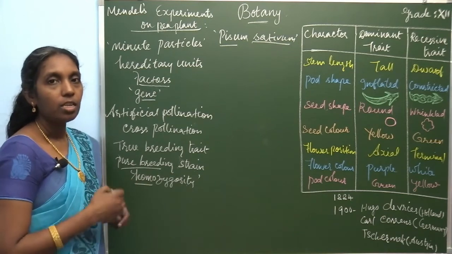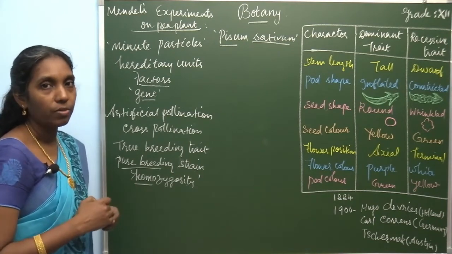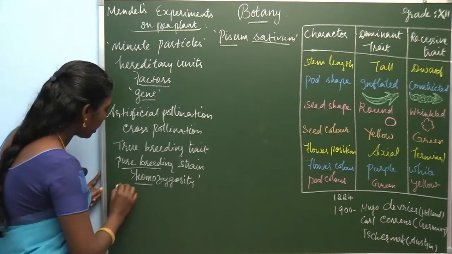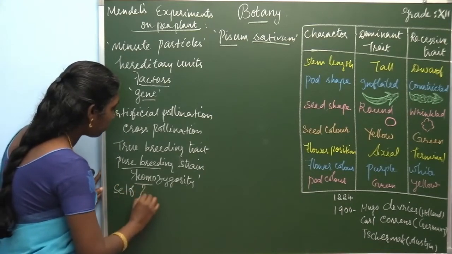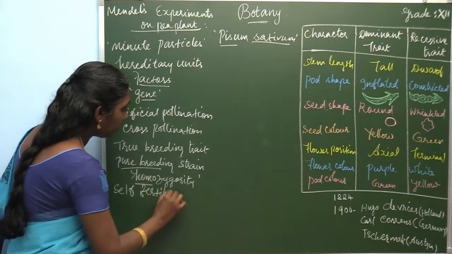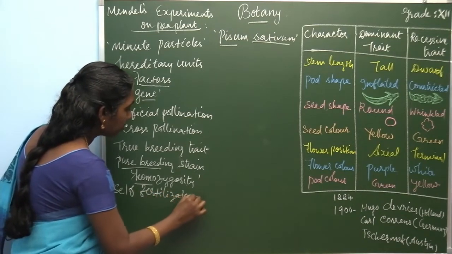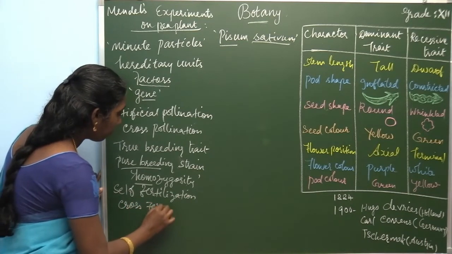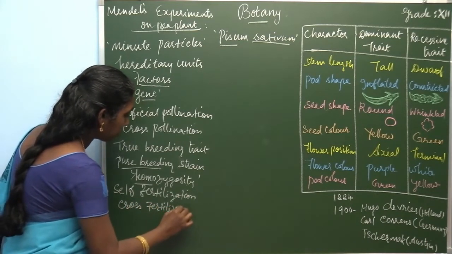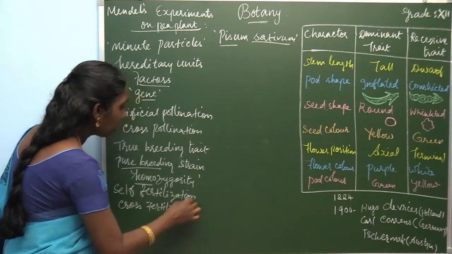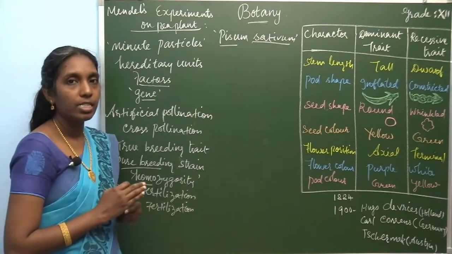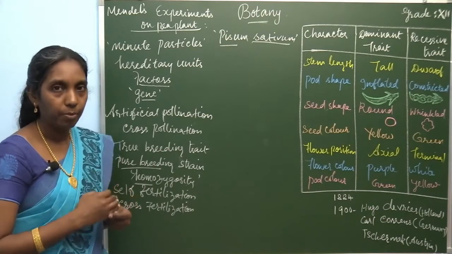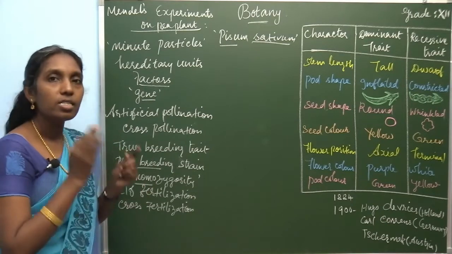So generation after generation, when the pure line is selected, it shows the trait as homozygosity. What is the meaning of self-fertilization and cross-fertilization? In self-fertilization, there is fusion of male and female gametes within the same plant.